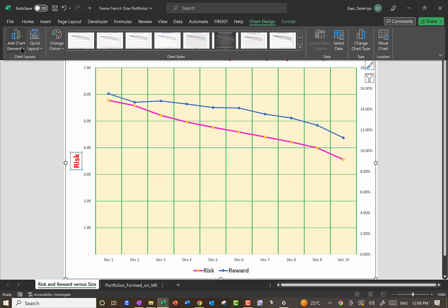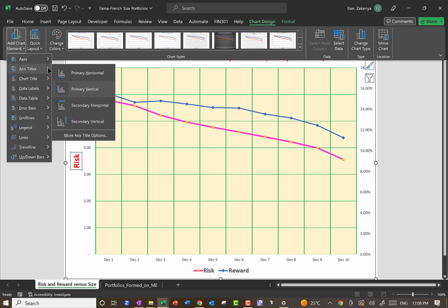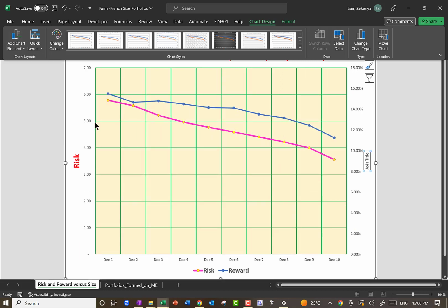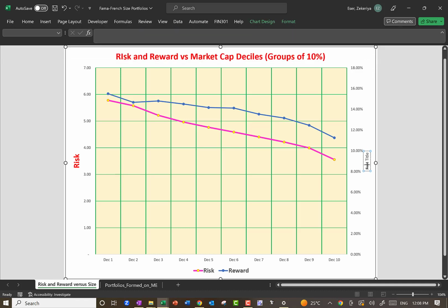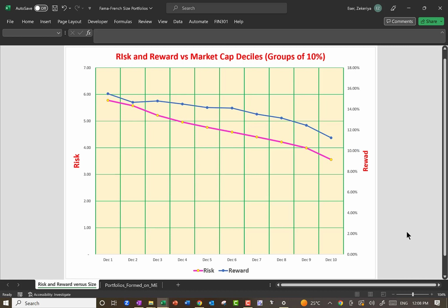And I'm going to add another chart element, axis titles, secondary vertical. Now I have an informative chart.